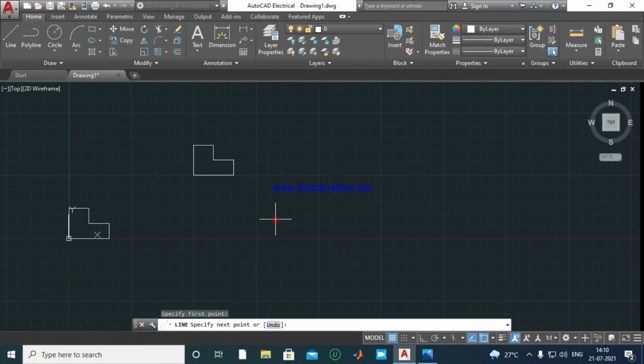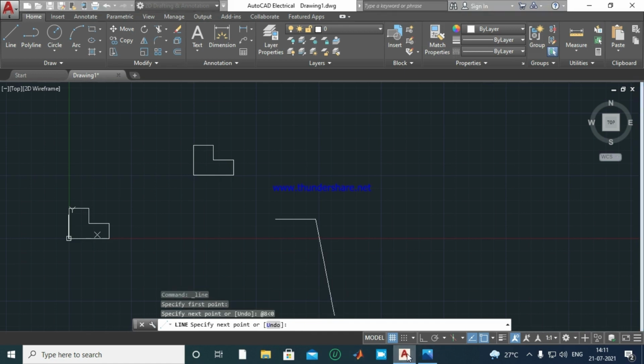Okay, so let us draw again the same object using relative polar coordinate system. So I am clicking here and I am going to draw the line in x direction in the angle 0. So that is why I am going to give @ distance is 8 and less than symbol I am using for angle, and I am giving the value 0 here.